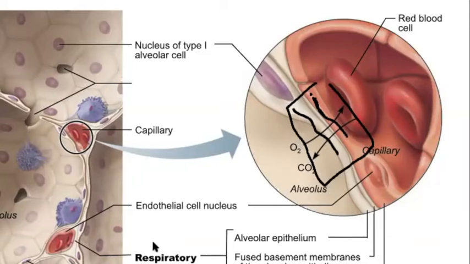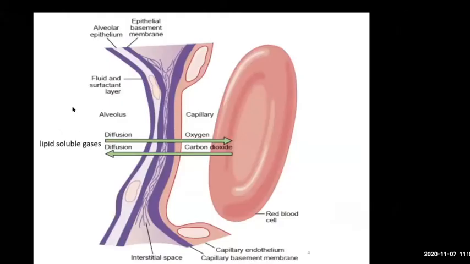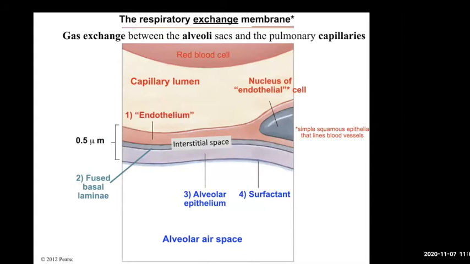So let's take a little closer look real quick at what this looks like. And so here's your oxygen within here. It's going to diffuse through, because it's a lipid soluble gas, goes through the cell membrane of the squamous cell, and then through this interstitial space right here, which is minimal, usually only consists of what's called the shared basement membrane, and then into the bloodstream right there. All right, so here is the air space.